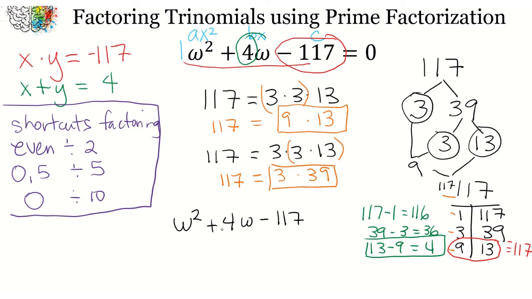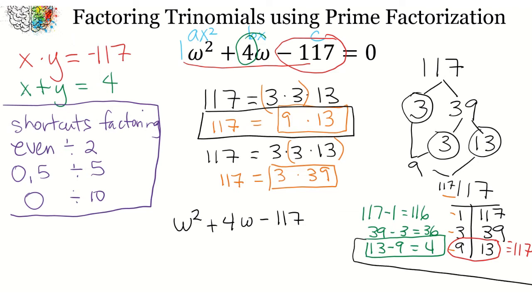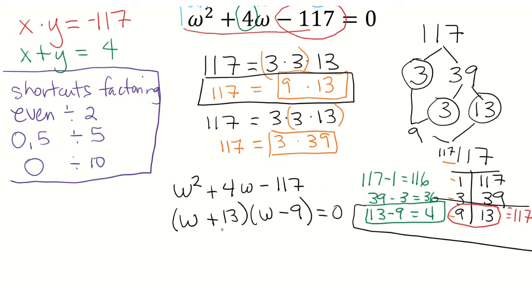And now I'm going to take the factors that I just found, that's what I found down here, and I'm going to rewrite that as a binomial. So that's going to be w plus 13 times w minus 9. And then I'm going to set that equal to 0.